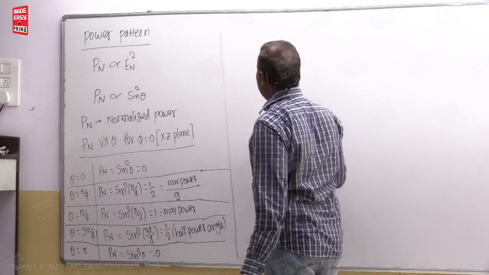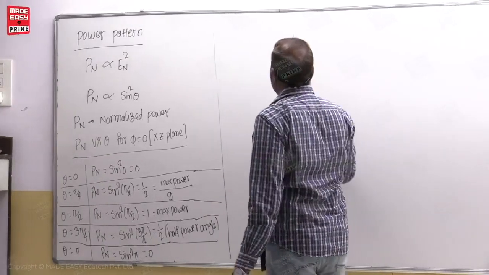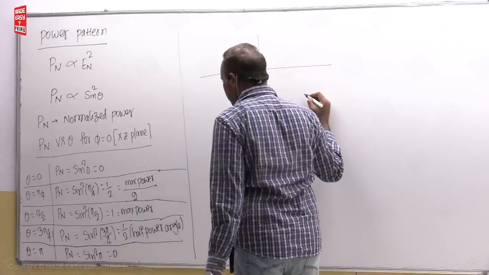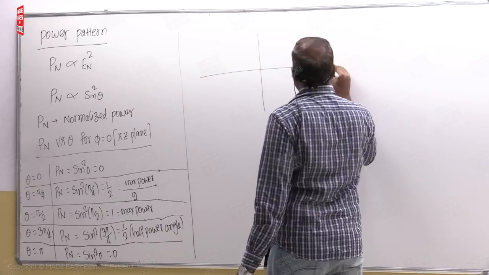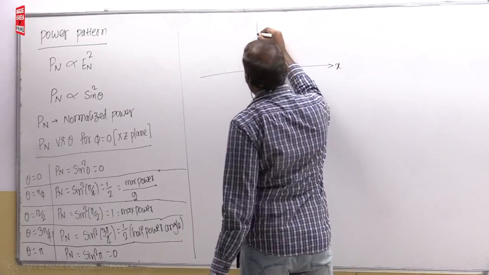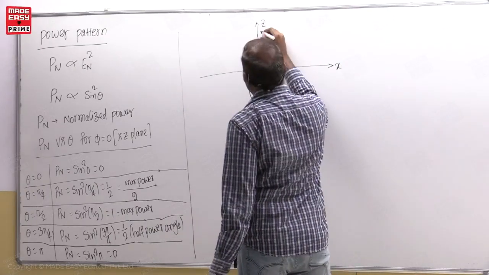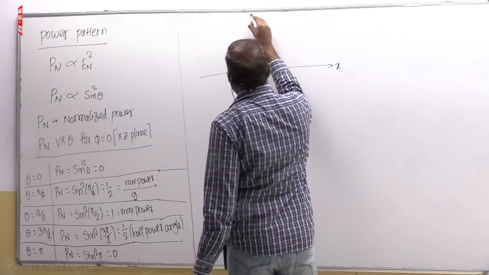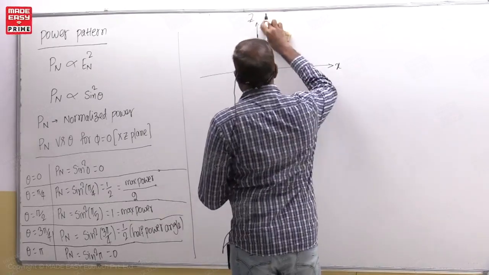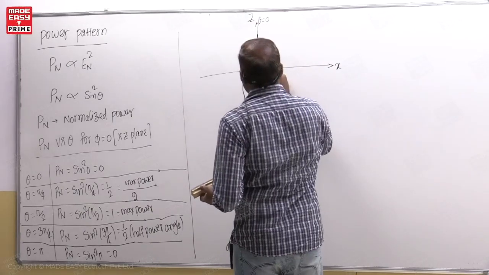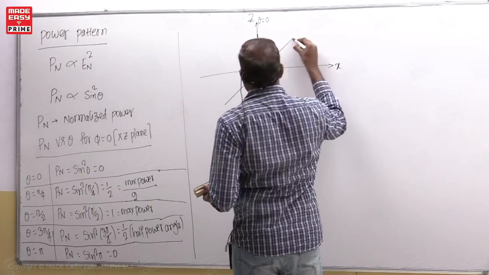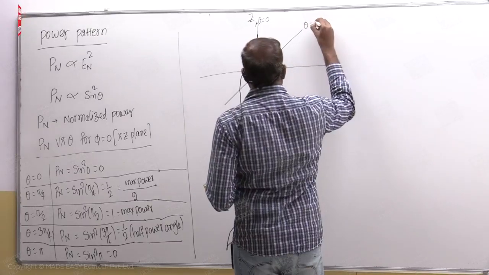Now if you draw the plot here, this one is the x-axis and this one is the z-axis. Theta is equal to 0 here. Theta is equal to pi by 4.